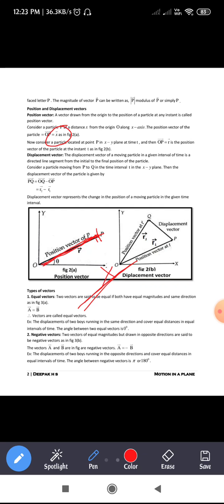Vector OP should be vector r. A small correction: vector r denotes the position vector. Even here, vector OP should be equal to vector r. Just make a small correction. So this is what you mean by the position vector.